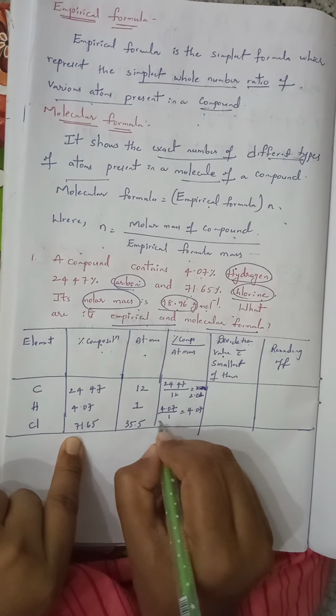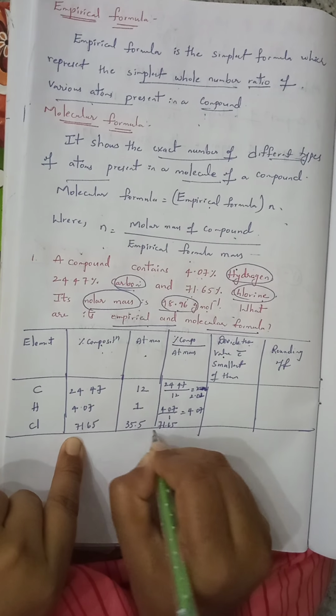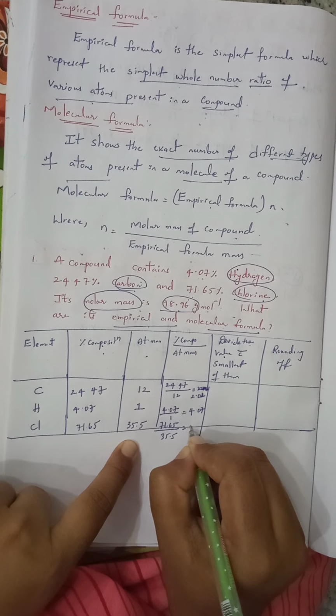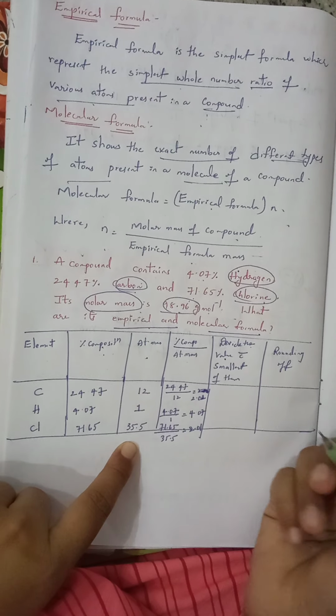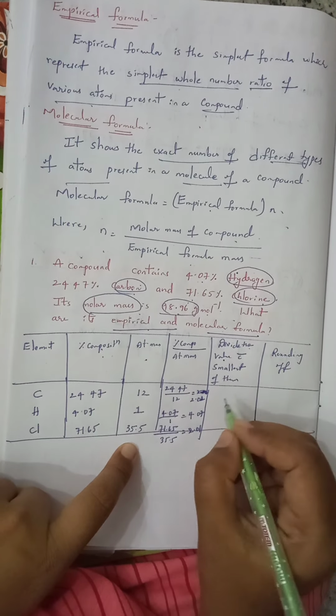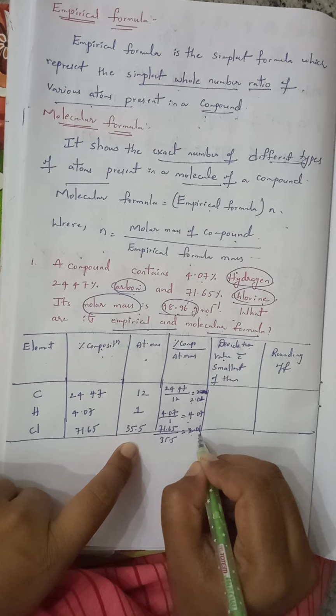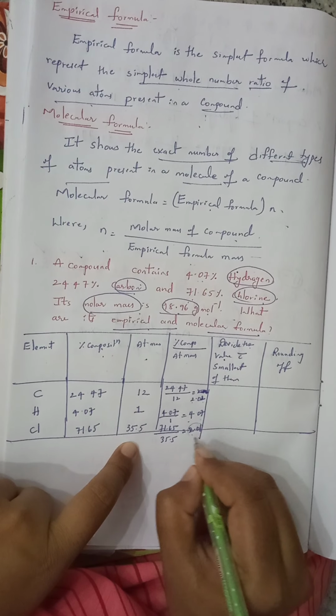Next, 71.65 divided by 35.5 gives 2.01. Among the three, what is the smallest one? These are 2.02, 4.07, 2.01. 2.01 is the smallest one.